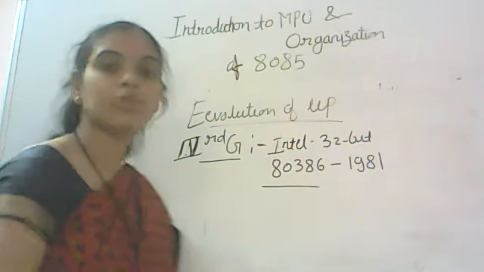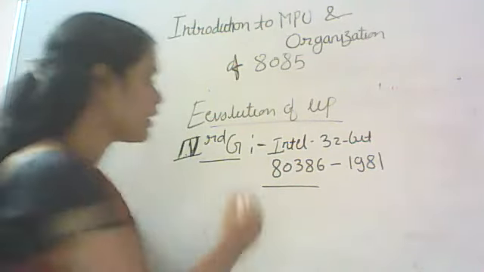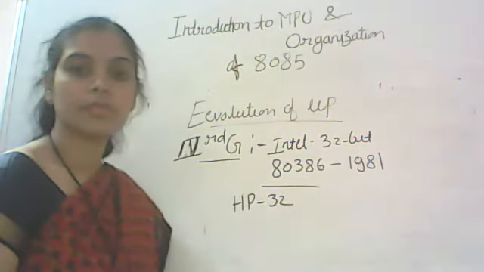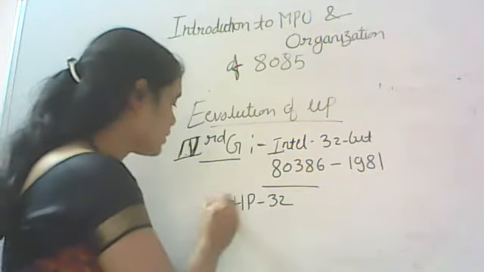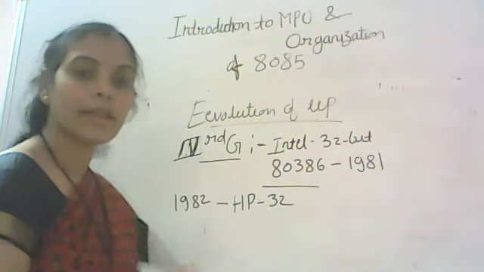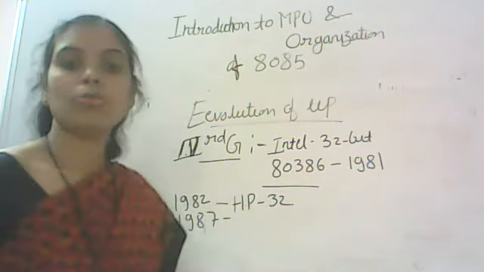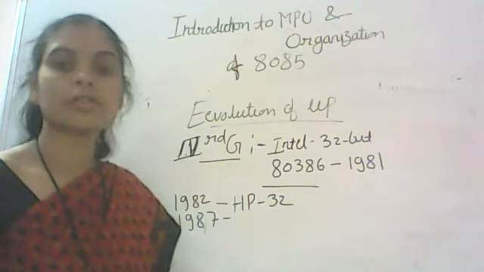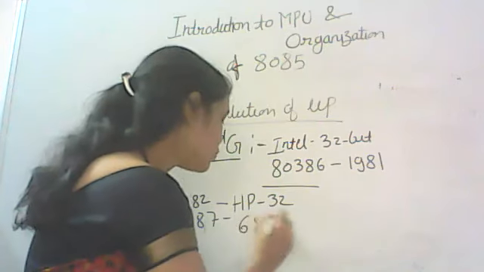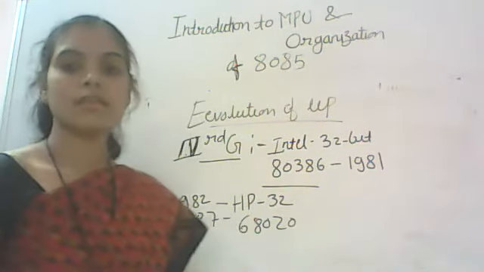In 1982, another 32-bit microprocessor was introduced by HP, the HP32. And in 1987, Motorola introduced a 32-bit microprocessor, the 68020.